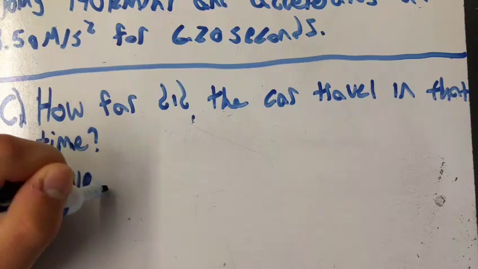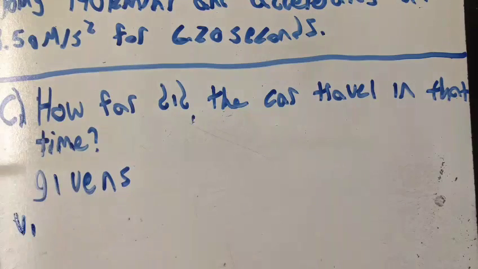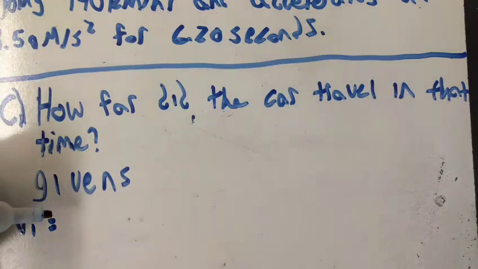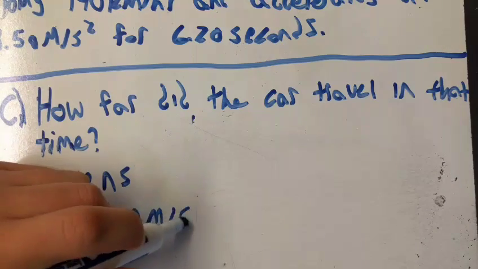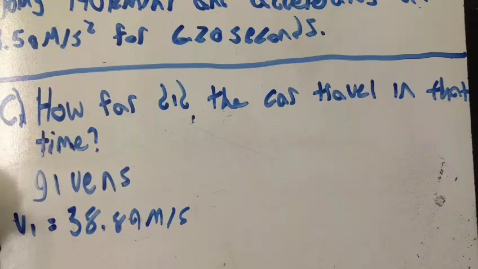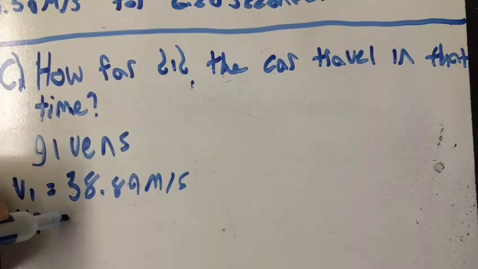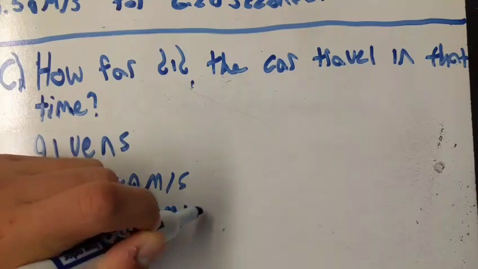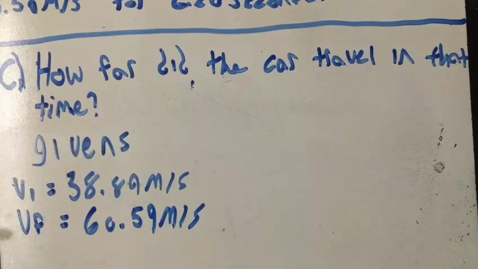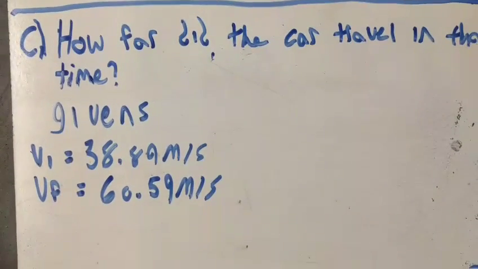So we have a velocity initial from part A of 38.89 meters per second. We have a velocity final from part B of 60.59 meters per second. We have an acceleration of 3.50 meters per second squared.